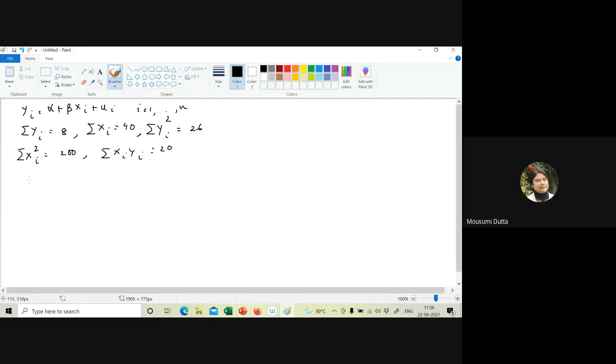The question is, calculate the predictor of y, I'm calling it y naught, for x equal to 10. 10 is x naught, the specific value of x.